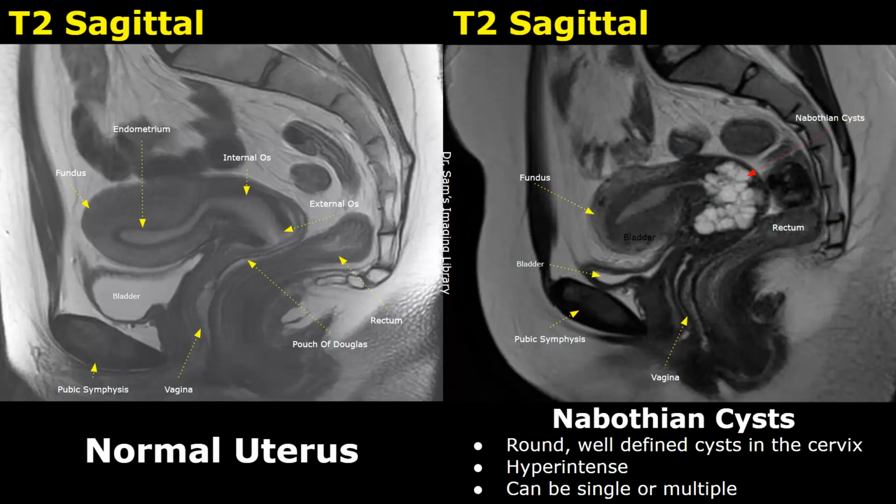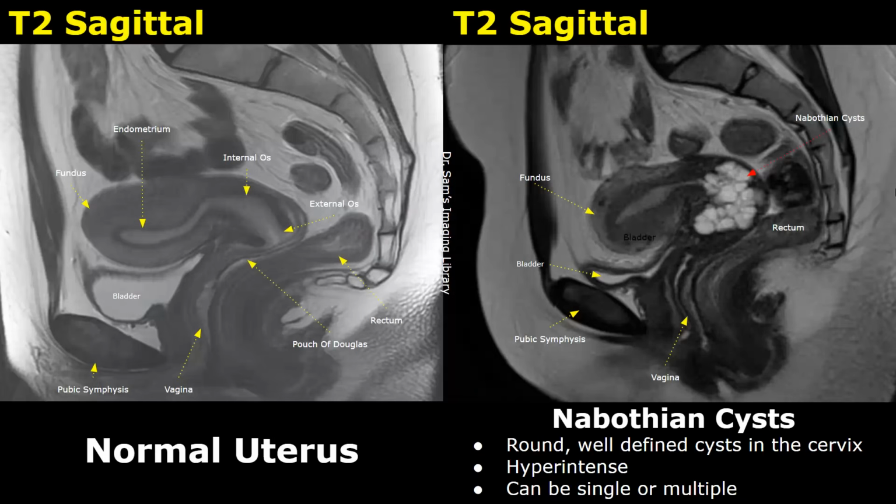Nabothian cysts is a term given to cysts that are found within the cervix. In this T2 sequence in sagittal view, we find multiple round, well-defined cysts in the cervix that are hyperintense.